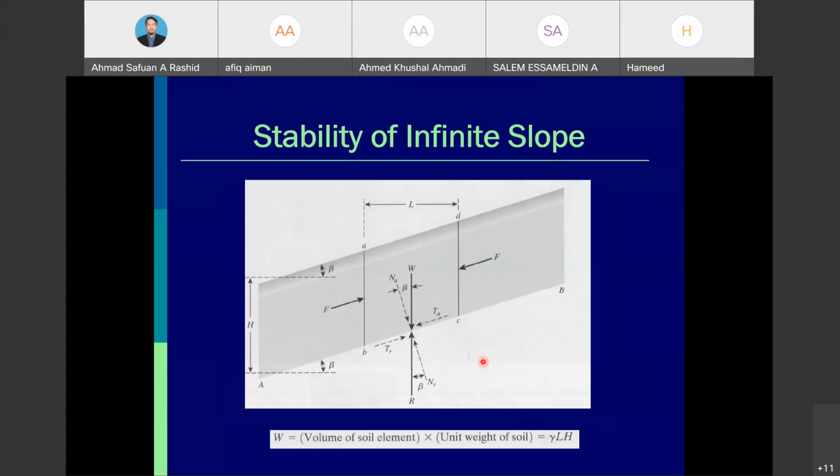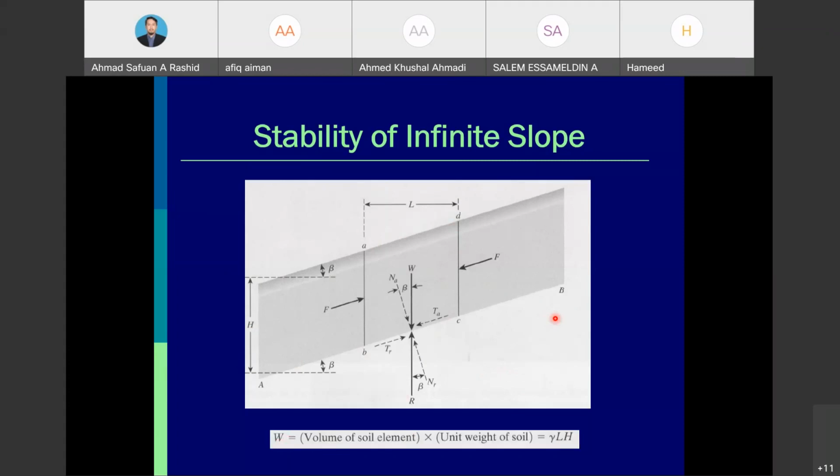So then we may derive the equations to determine the factor of safety. So W is the weight. Then we can get the weight for this block, where unit weight times L and times H. So then we get the weight.